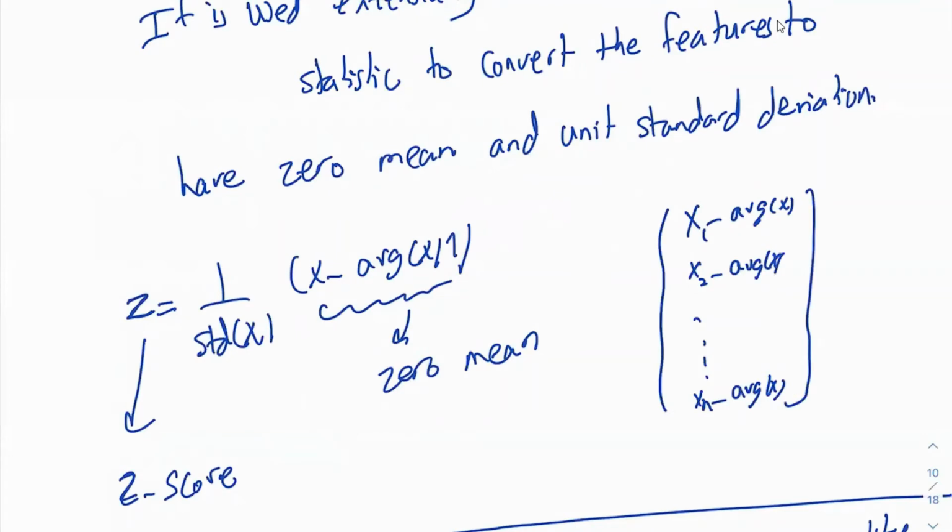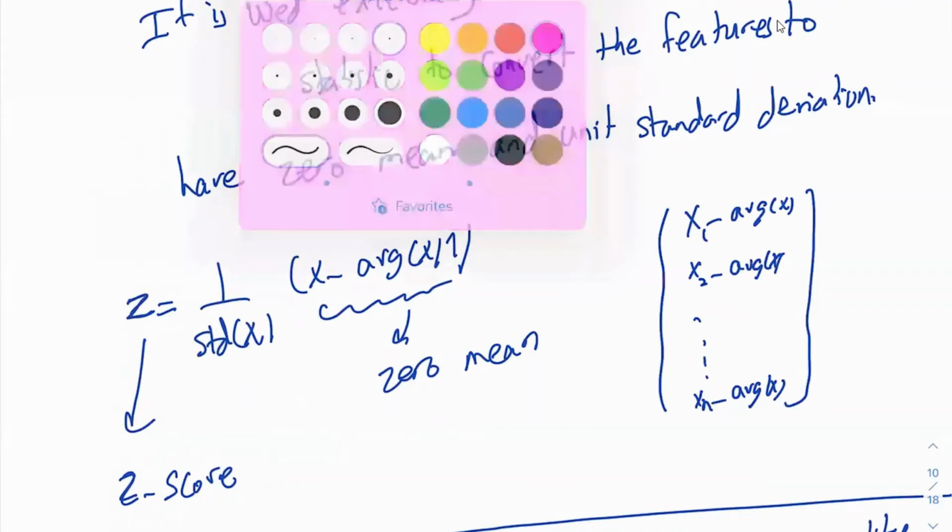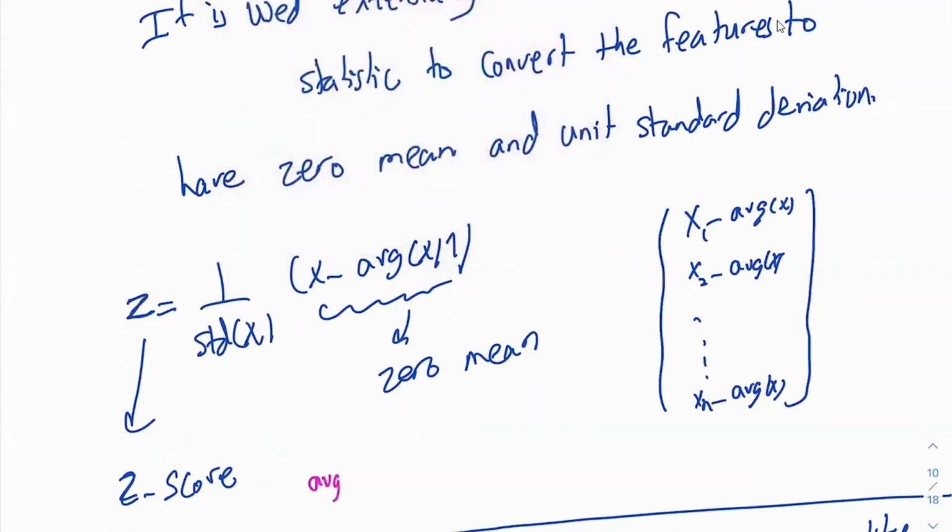Why does it give you zero mean? If you take an average of this quantity, what would you get? Well, the standard deviation of x is just a number, right? I want to show you something interesting here. Let's go ahead and apply the average.